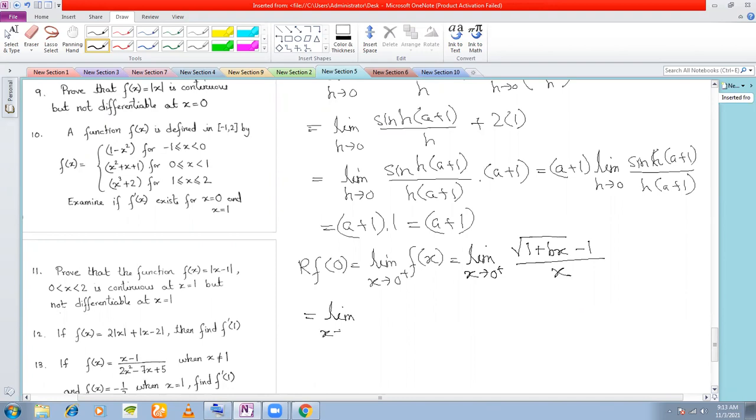How do you evaluate this limit? You rationalize the numerator of this function by multiplying the numerator and denominator by root(1 plus bx) plus 1.